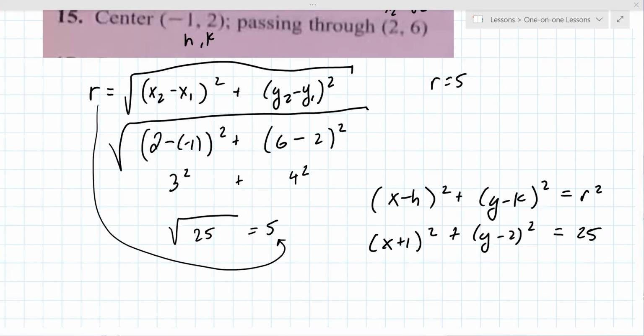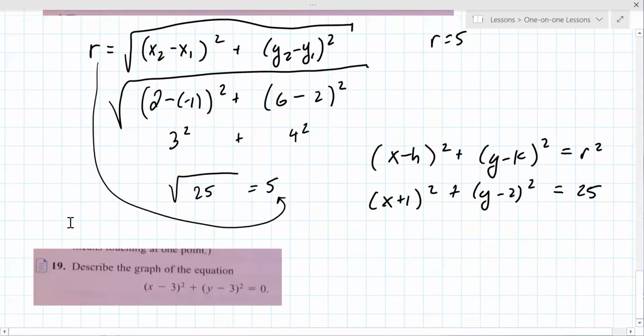All right, so now we're going to do 19 and 20. I would tell you to graph these first so that you have a picture of them. First one's kind of silly. I'm going to graph it though, using Desmos.